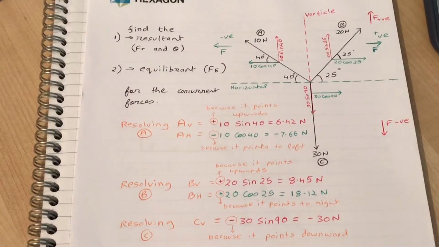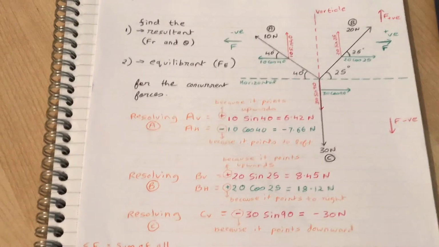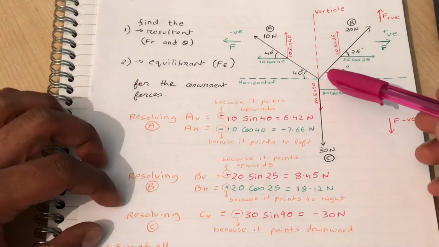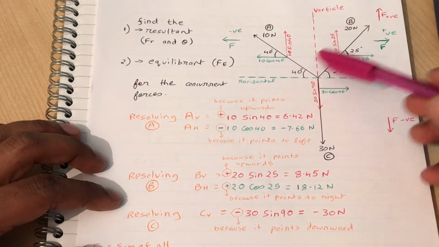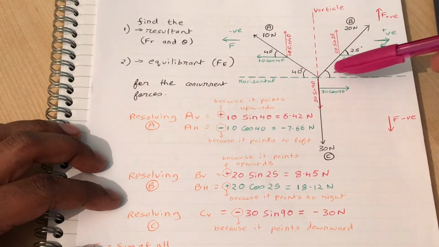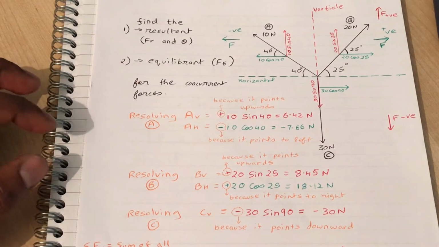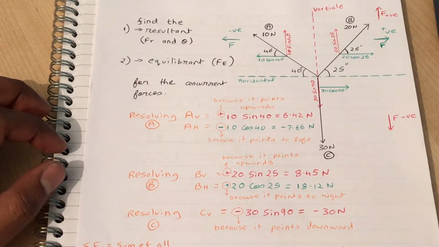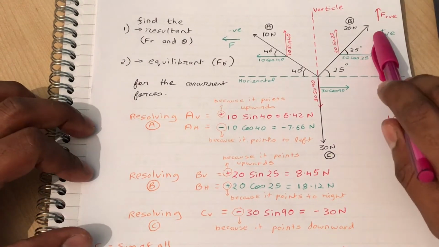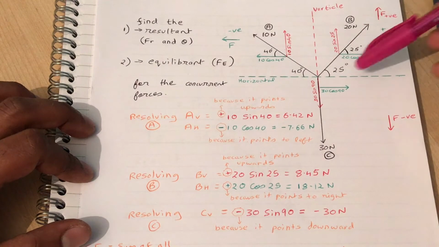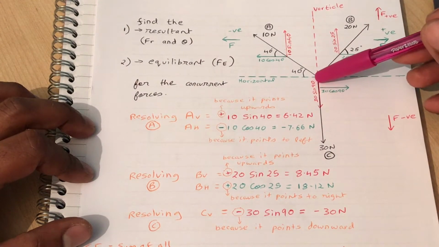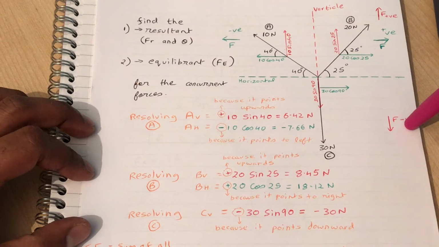Right. So what I have done is I have resolved the three forces that I have here into vertical and horizontal components. Now bear in mind, this is very important. Any force which goes upward is positive, and correspondingly any force going downwards is negative.